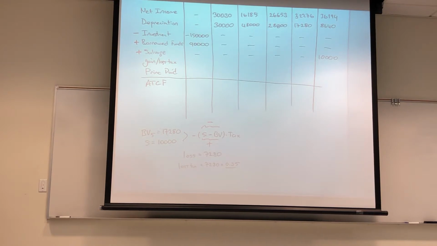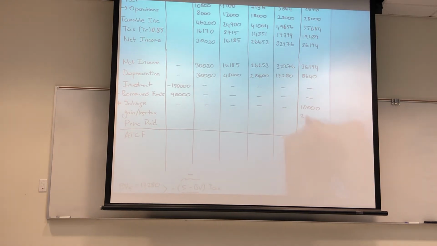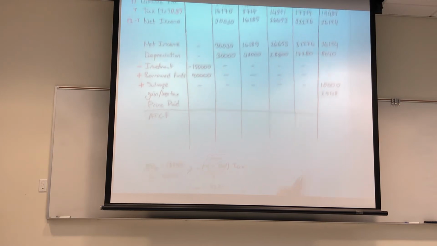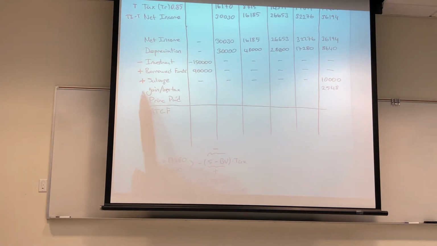So this will be equal to 2,548. We're going to put that in. And now if we use this, we don't have to worry about it being positive or negative. It's just going to give you the thing that you want to use.